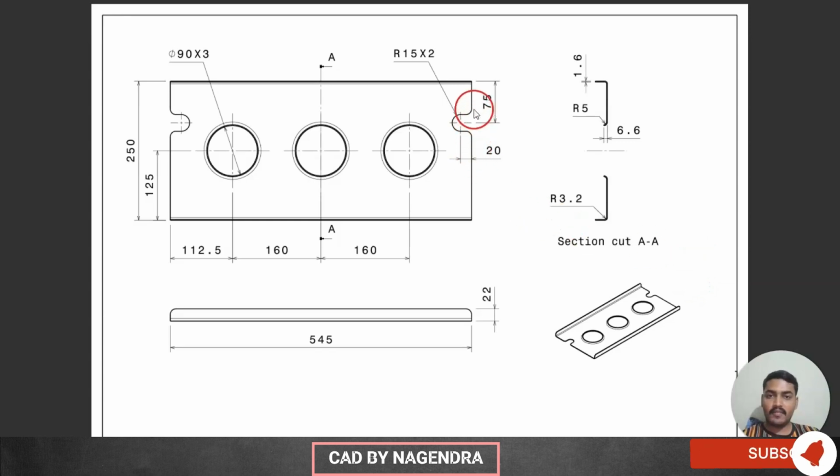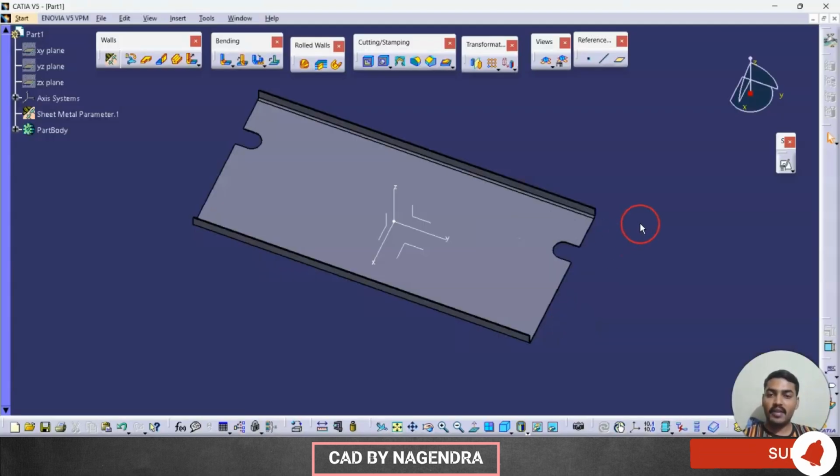Then we need fillets. You can see fillets are here, and here also fillets are there. We don't have any proper radius for the fillets here. You can see all fillet radius should be 10 mm. It means they have not mentioned it separately, but downside we have a fillet radius of 10 mm.